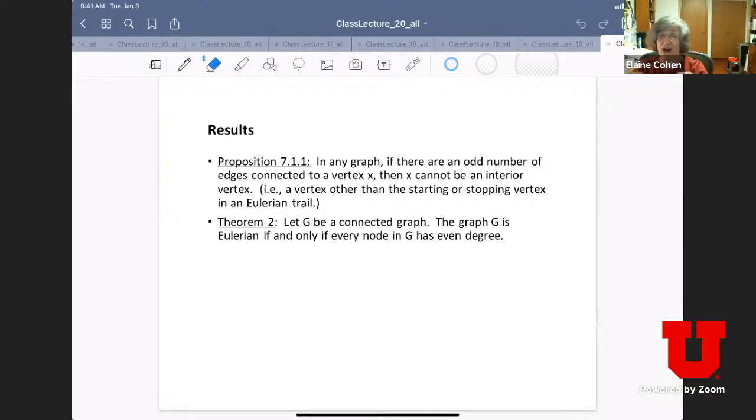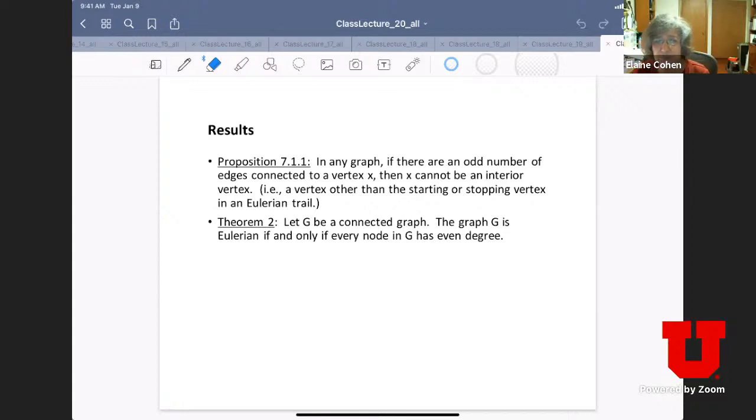But if I have an odd number, I can't do that. The degree counts edges connected to X, or any edge that X is an endpoint of. Remember, we don't have directed edges here.